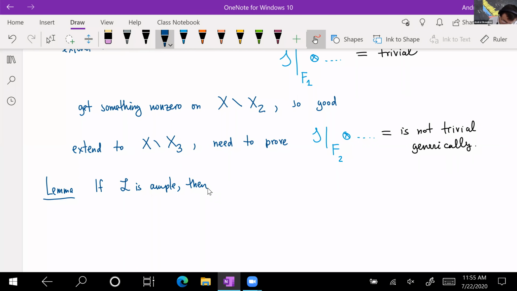If L is ample, then its weight restricted to F1, which is the weight in A, is not equal to its weight in A restricted to F2.